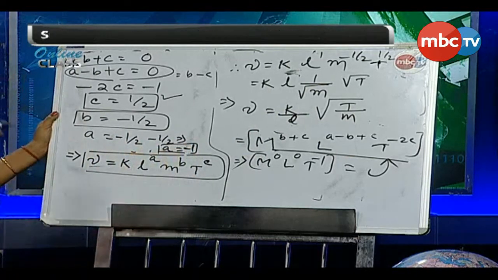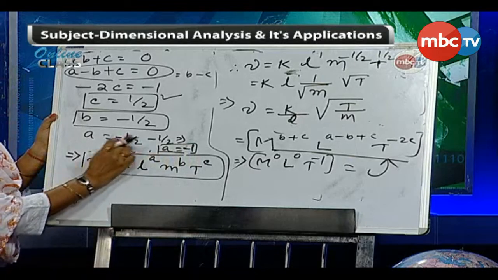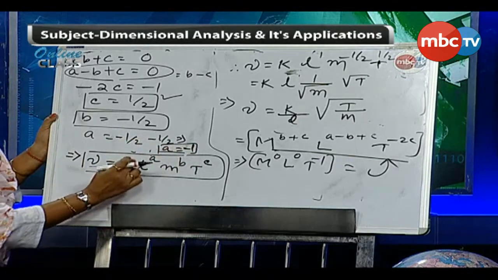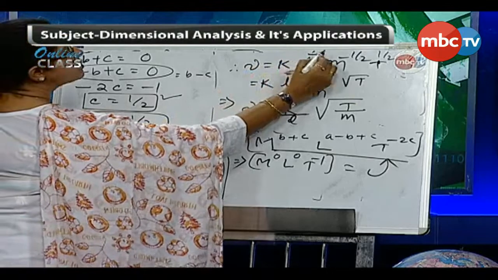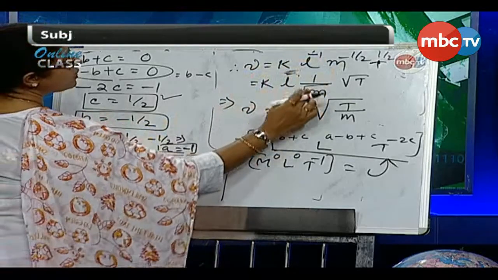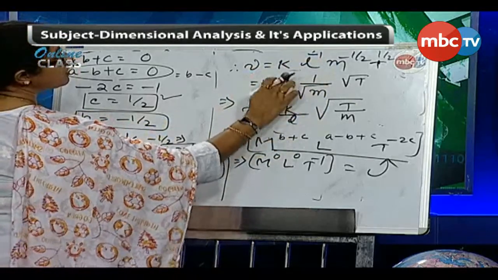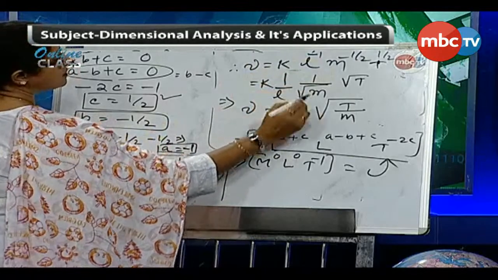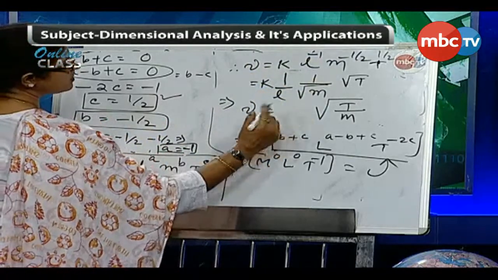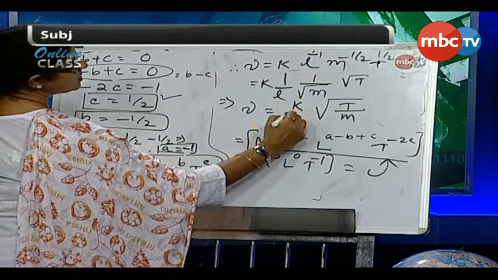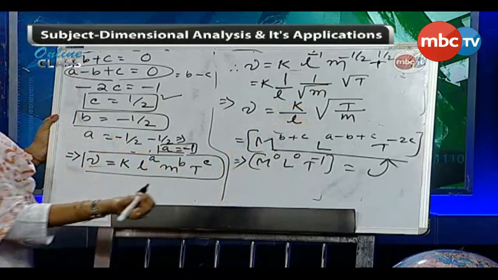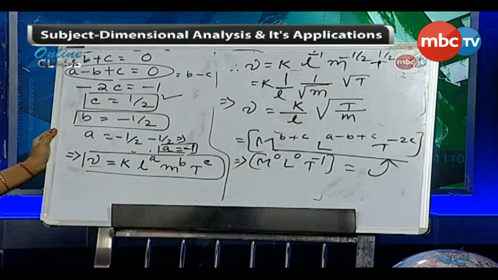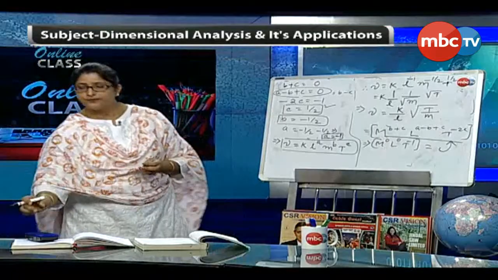I am so sorry, note it down: A value is -1. So it will be L to the power -1, meaning 1 by L. I am so sorry, my dear students. So just check it: K by L root of T by M. Clear? So this is correct.